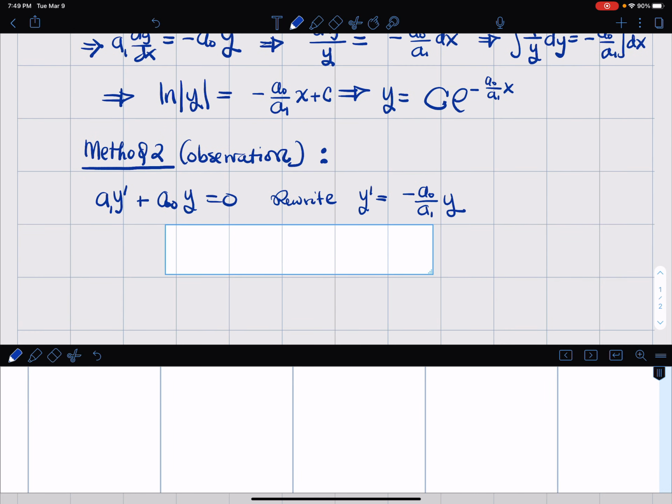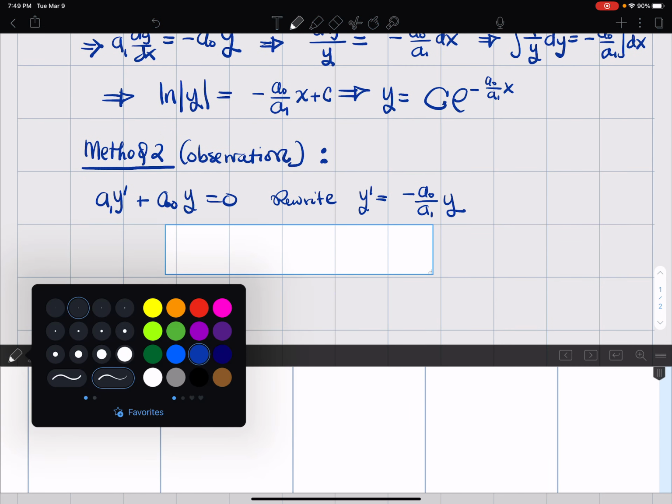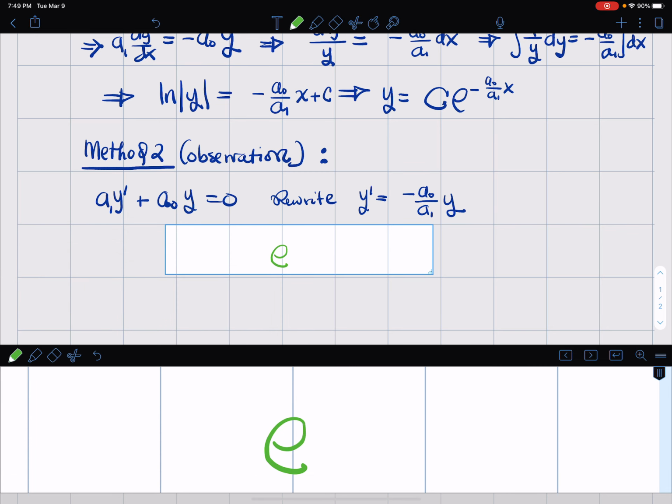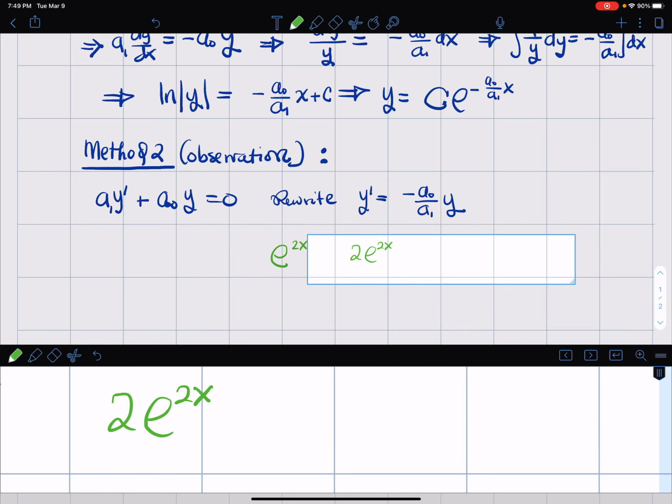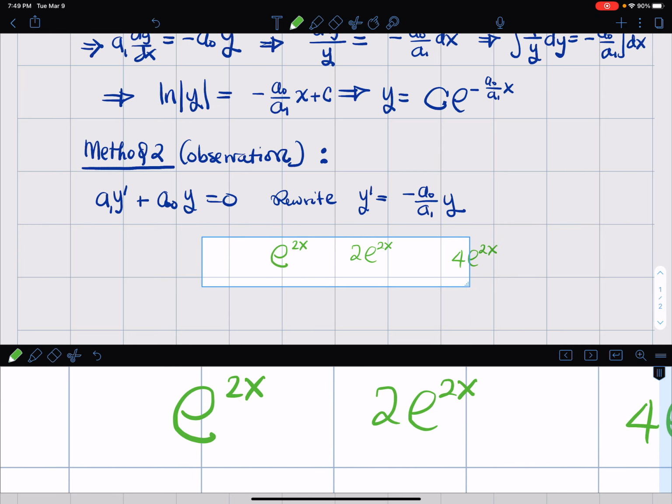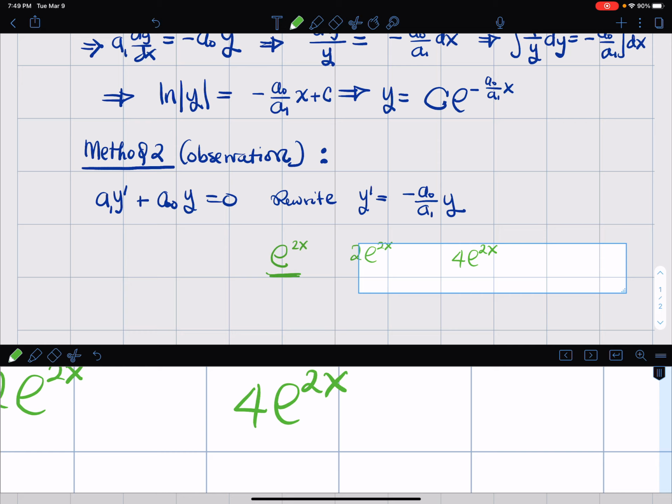So for instance, if you see e to the power of 2x, if you take its derivative, you get 2e to the power of 2x. If you now have 2e to the power of 2x and take its derivative, you get 4e to the power of 2x, and so forth. So you always have this e to the 2x in any derivative you take.